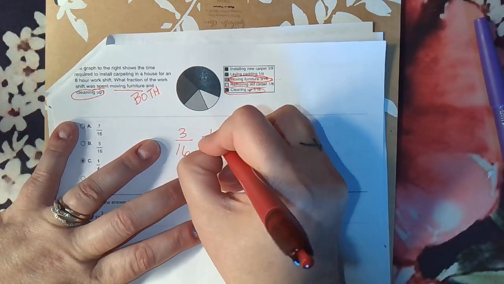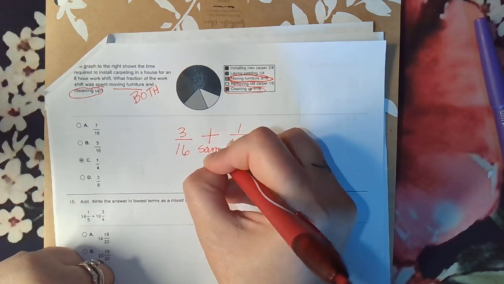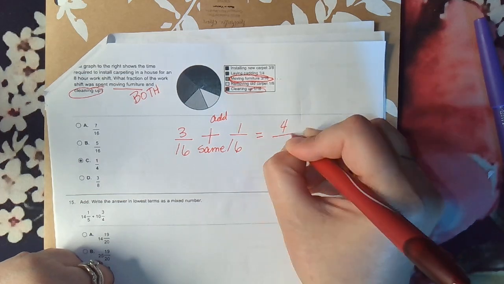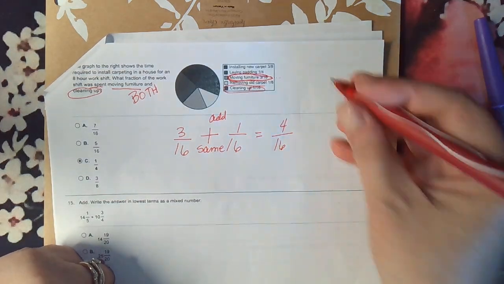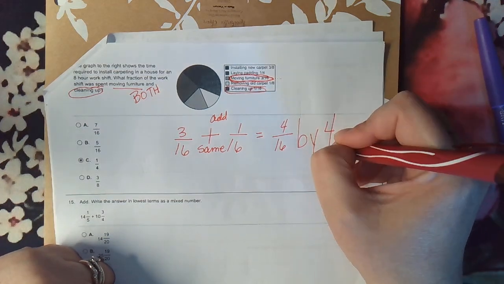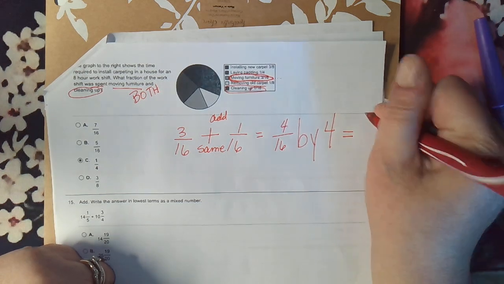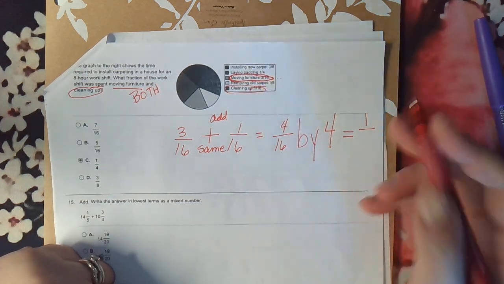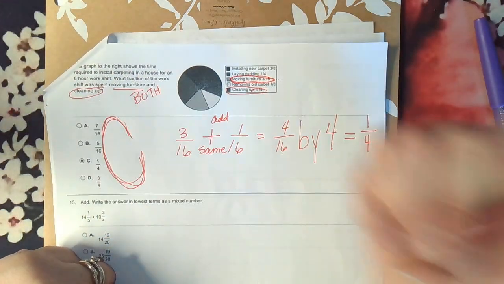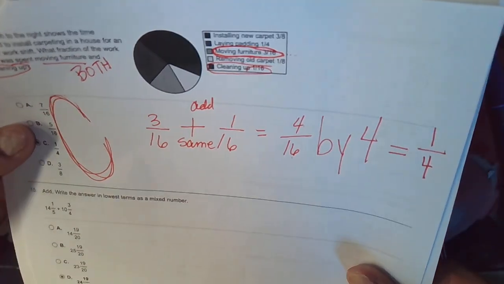That means add. So when you add fractions, the bottoms are kept the same. You add the tops, so we get 4/16. But then I think you can reduce. You can reduce by 2, or even bigger, you can reduce by 4. And if you do that, 4 divided by 4 on top is a 1. 16 divided by 4 on bottom is a 4. Hey, C. Yes.